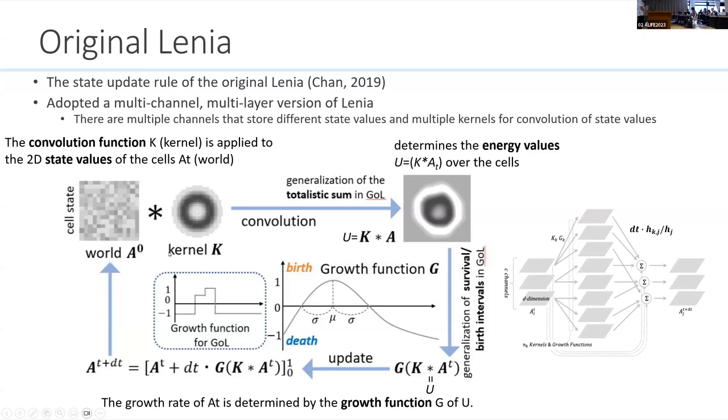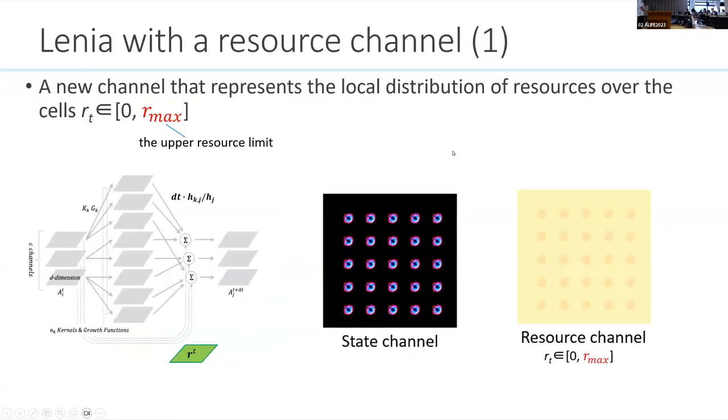But this is the simplest version, and we adopt the multi-channel and multi-layer versions of Lenia. Actually, the 3-channel and multi-kernel version of Lenia is what we use in this talk. So let me introduce the extension. Firstly, we added a new channel that represents the local distribution of resources over the cell.